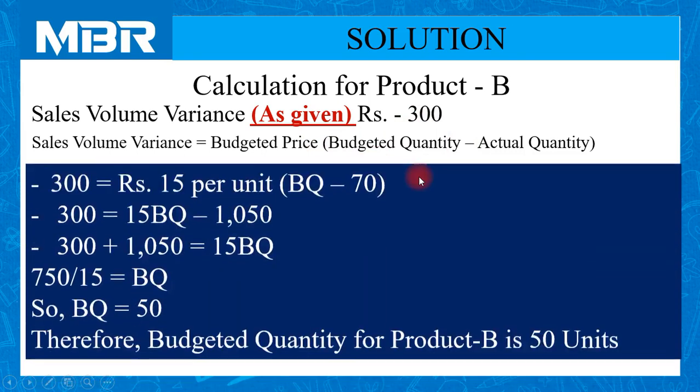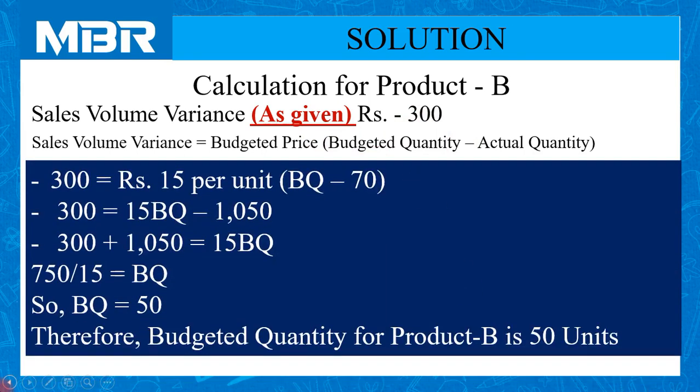Let us insert the data in the formula. You can easily calculate the value of budgeted quantity. Sales volume variance minus 300, budgeted price rupees 15 per unit as given in the question. Budgeted quantity for product B is not given, and actual quantity for product B is given as 70 units. Simply insert the data in the formula and simplify.